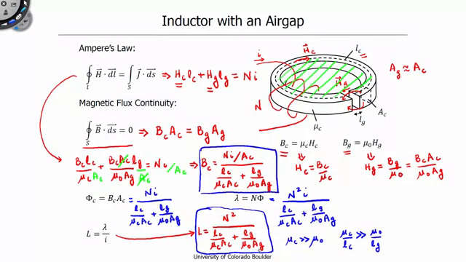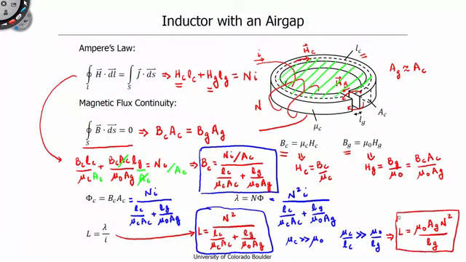Remember that AC and AG are roughly equal. In that case, my inductance simply becomes mu naught AG N squared over LG.